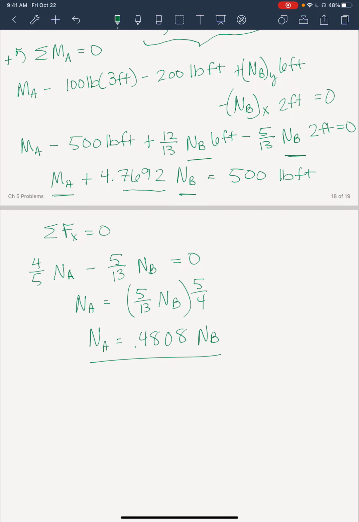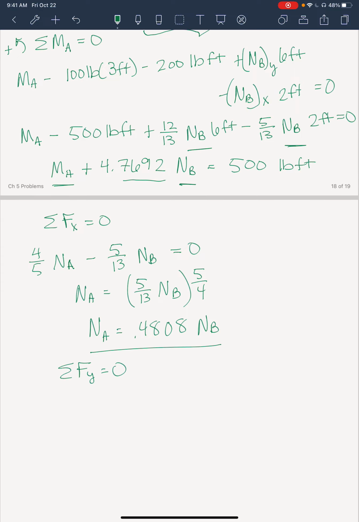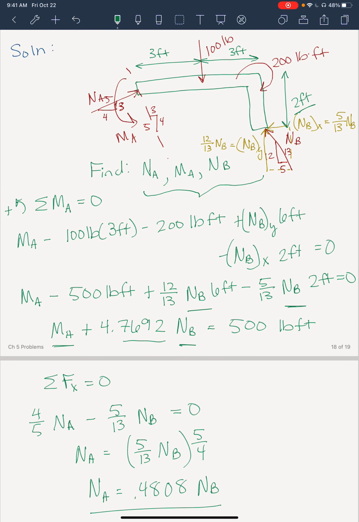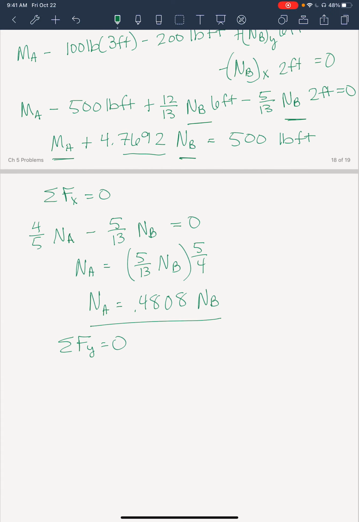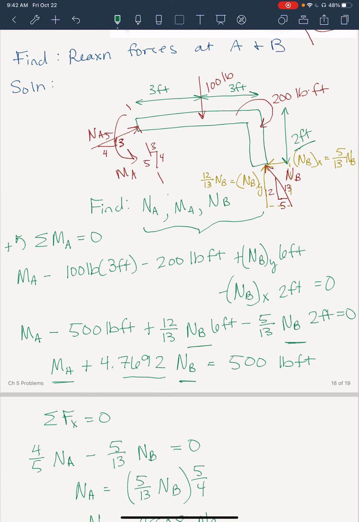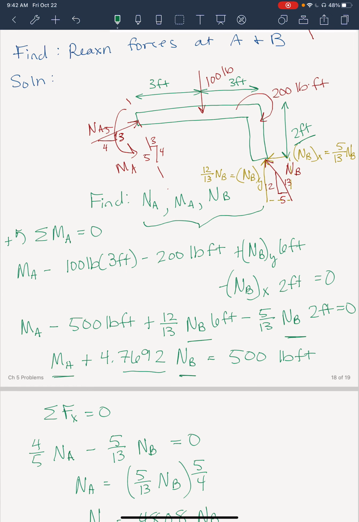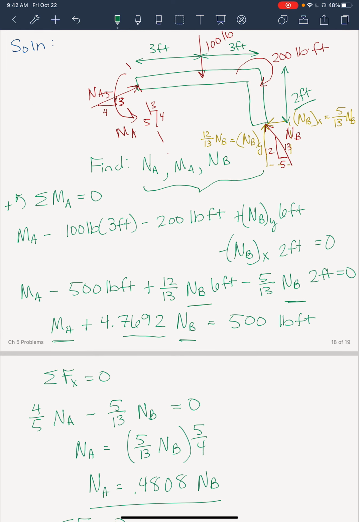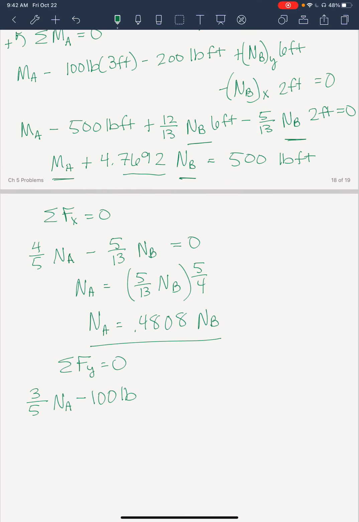And then let's sum the forces in the Y direction equal to 0. For that, go back to the free body diagram. We have the Y component of NA, so 3/5 NA. And then we have the 100 pounds pointed down, so minus 100 pounds. And then we have the Y component of MB, which is 12/13 MB.